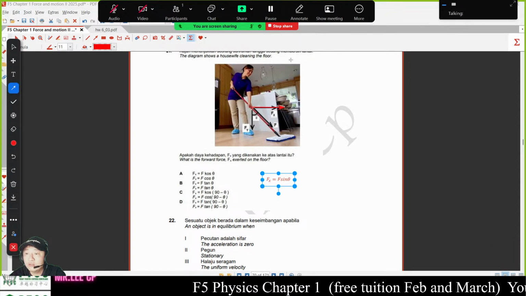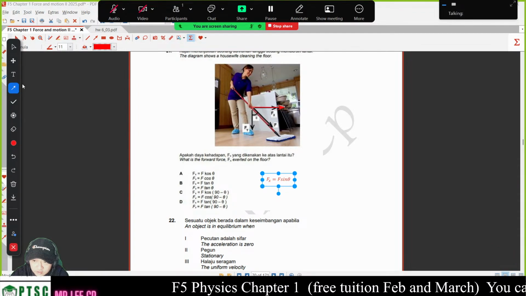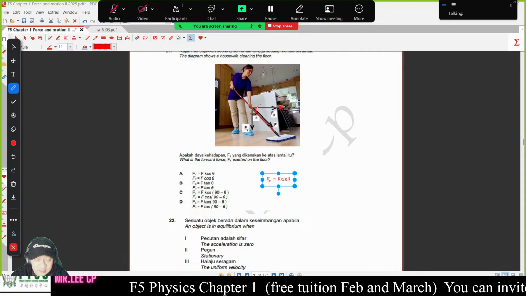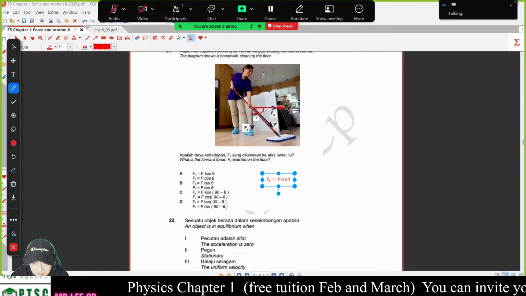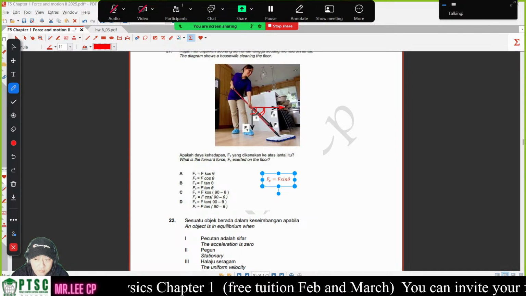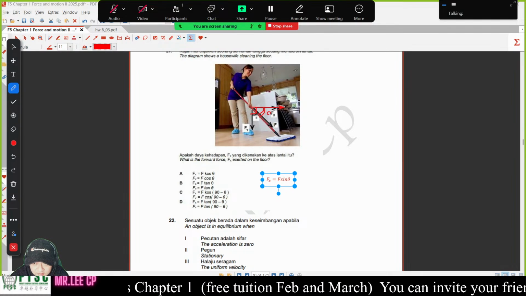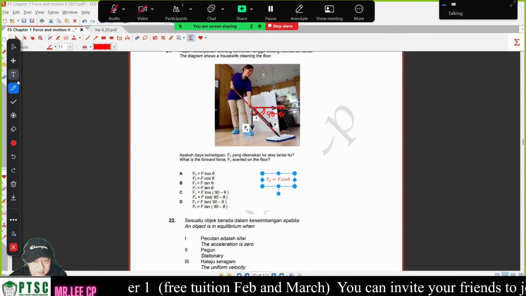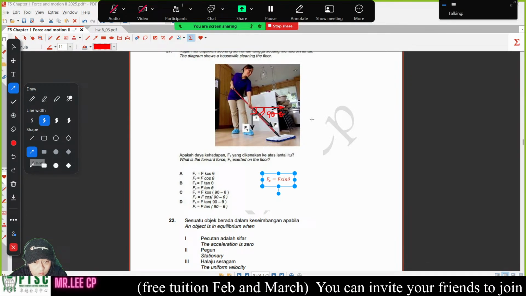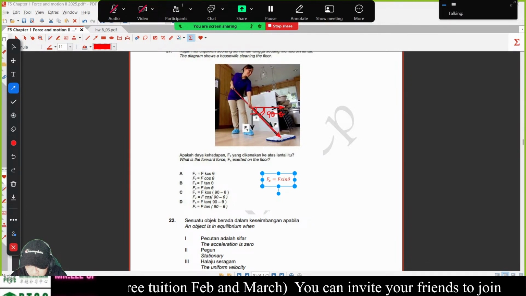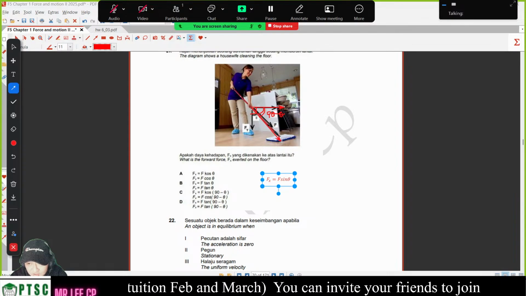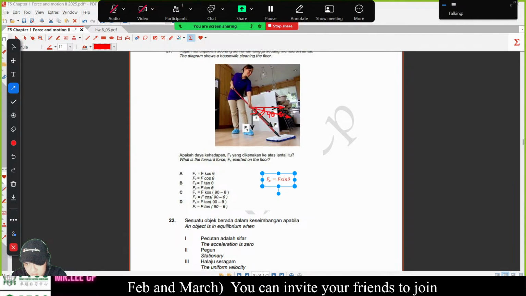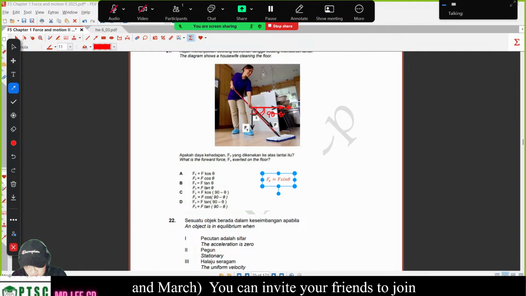So now we know that this one is 90 degrees. This one is theta. So how much is this? 90 minus theta. So what happens if I bring this one to here, touch 90 minus theta or not? Touch, so we use cos.